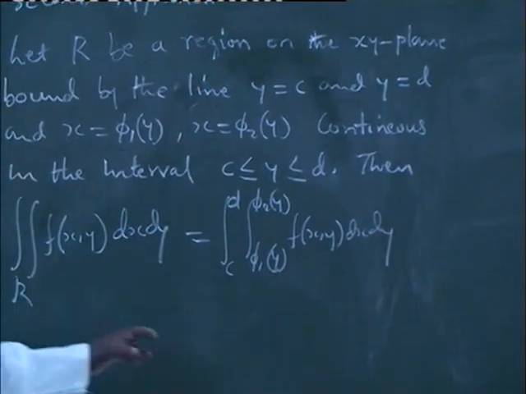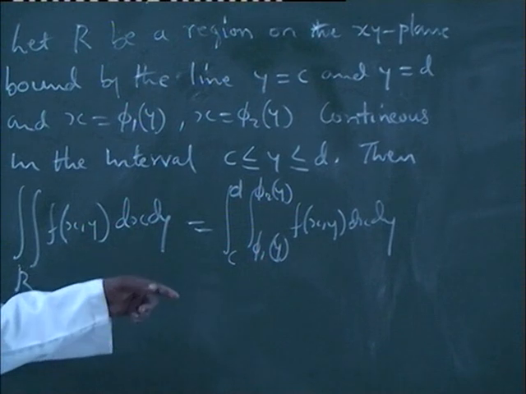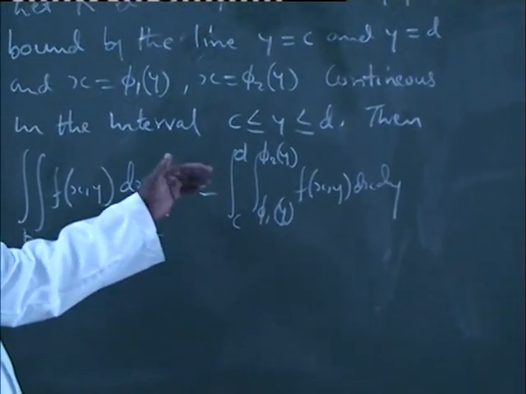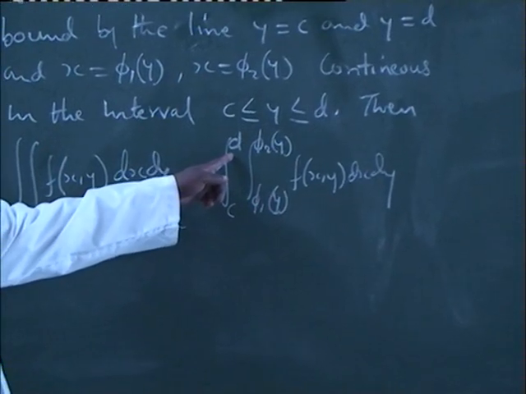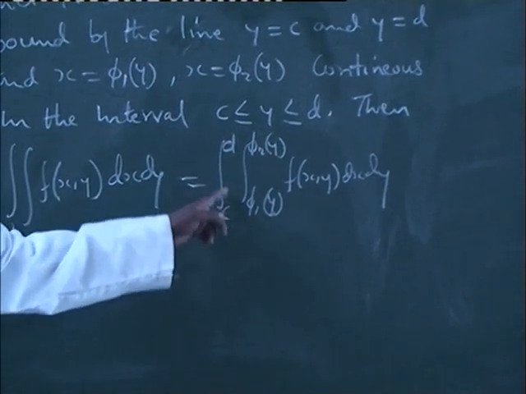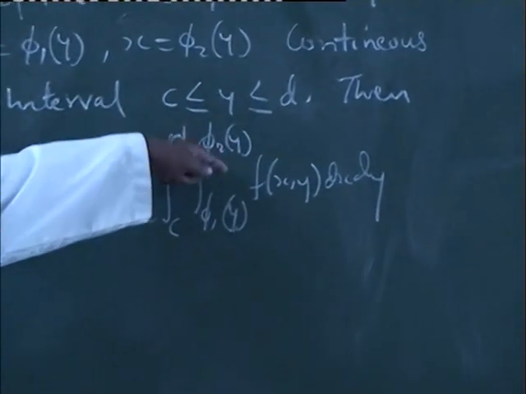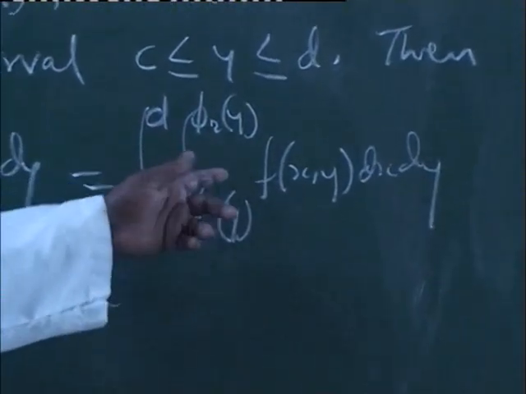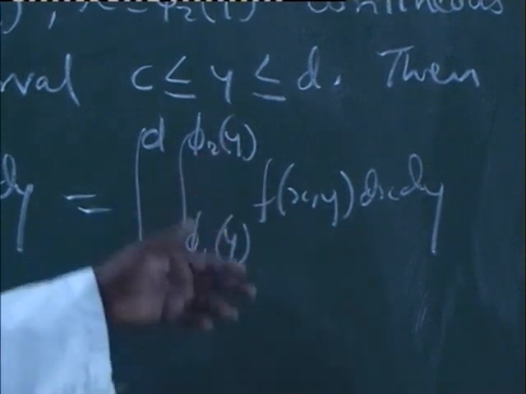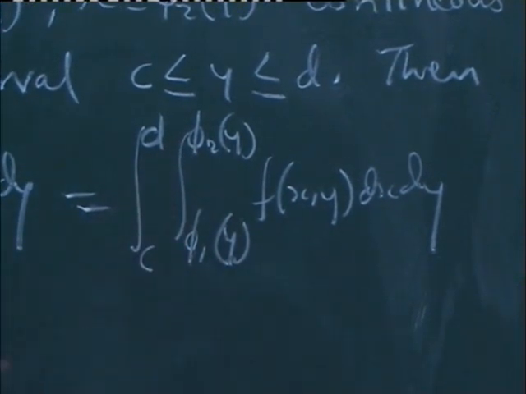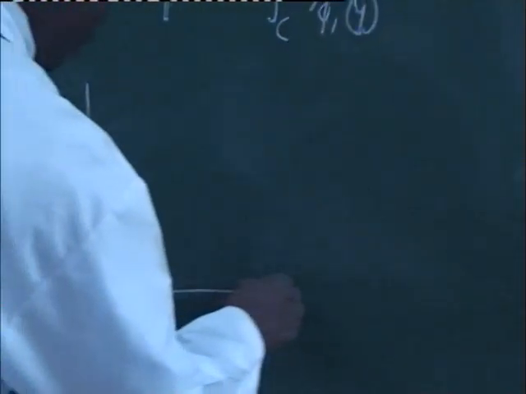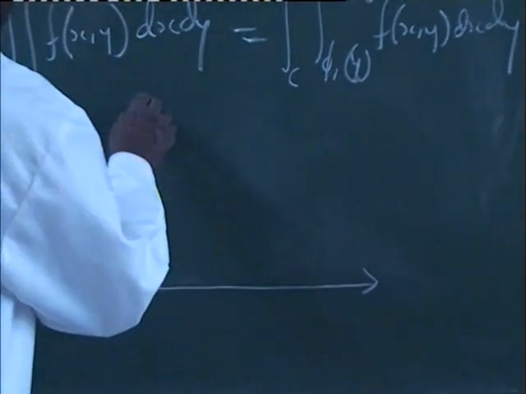And look at that. If you look at this one, what we are doing here is the limit here, which is constant values, bring it up. Then the function is first integrated with respect to x. You see, it's y that we are defining now, these two functions. Now let's see the diagram. I think the diagram will really help us to understand what we are talking about.